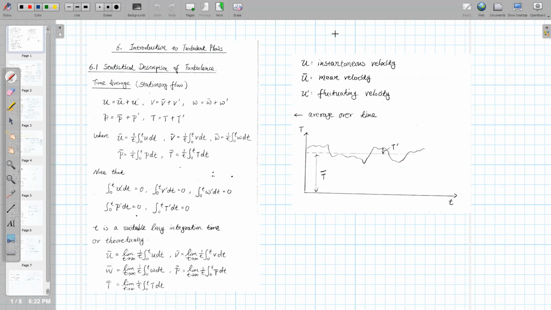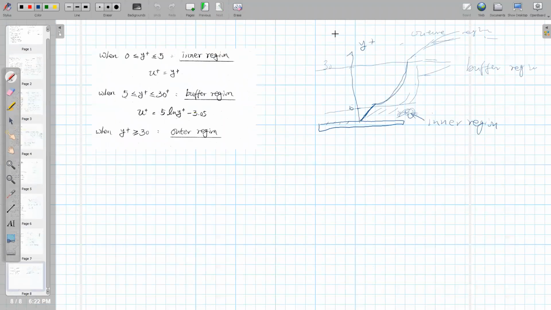For turbulence, there are 2 questions we want to ask. The first question is, when laminar flow goes to turbulence, we want to know at what point laminar can become turbulent. As I already told you, for forced convection the Reynolds number determines this.